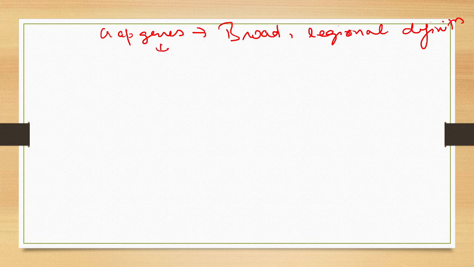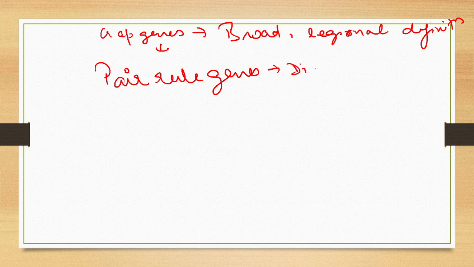After gap genes comes your pair rule genes, and these pair rule genes are regulated by gap genes. That means gap genes regulate the expression of pair rule genes. It divides the embryo into what?